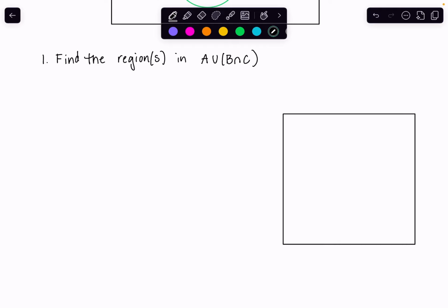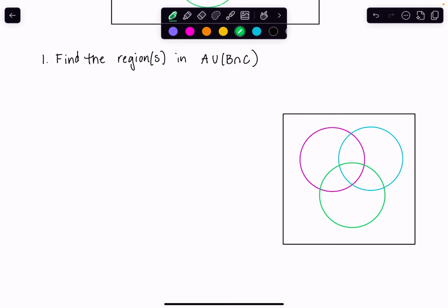Okay. So we have our set A here. We have set B here. And then we have set C here. This is our universal set, and then we have the regions 1, 2, 3, 4, 5, 6, 7, and 8 is on the outside.